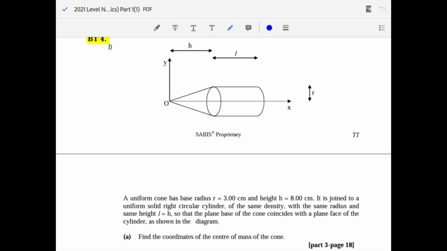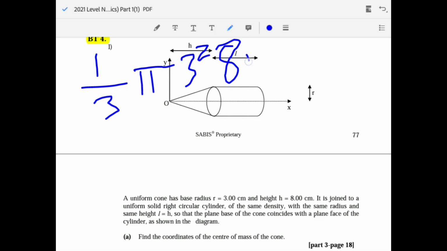So the volume of the cone is 1 over 3 pi r squared h, where r is 3, so 3 squared, and h is 8, times sigma because of density, and then times the x value, which is 3 over 4 times 8, which is 6.